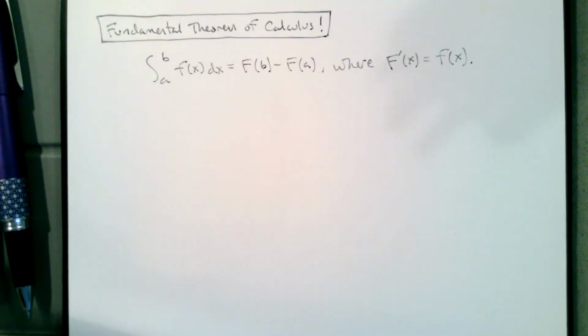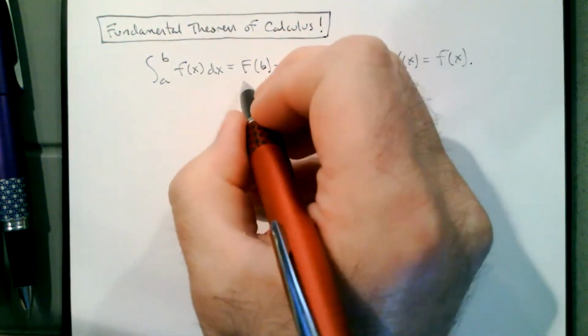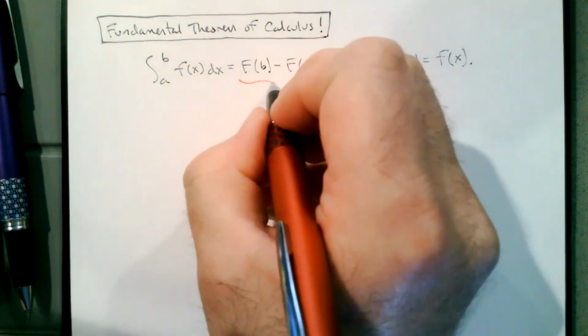So when we look at little f, that's the derivative of big F. Notice that capital F at B minus capital F at A is the change in the antiderivative. So capital F at B minus capital F at A is how much the antiderivative changes.